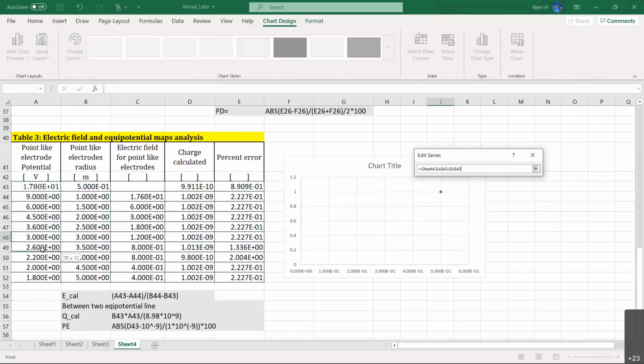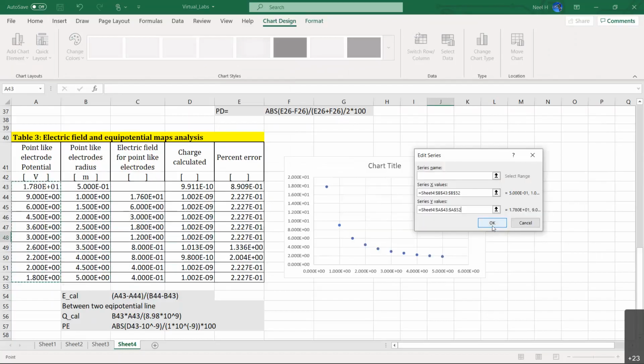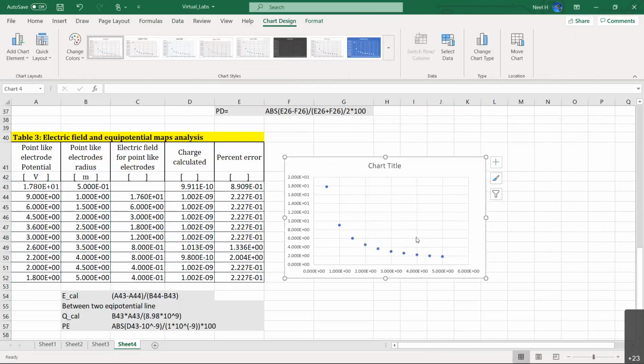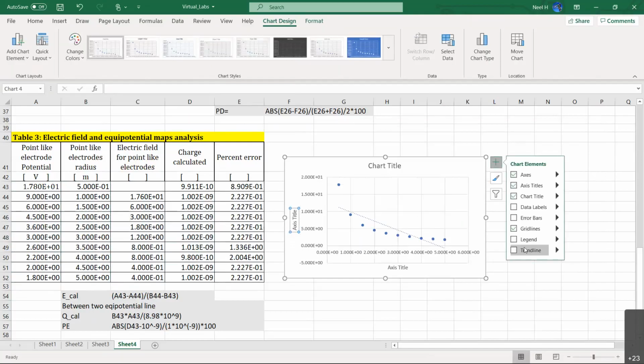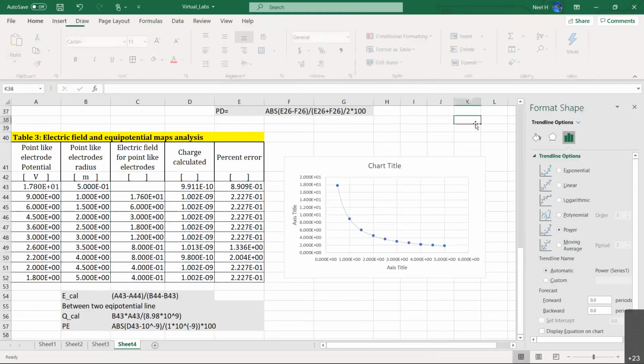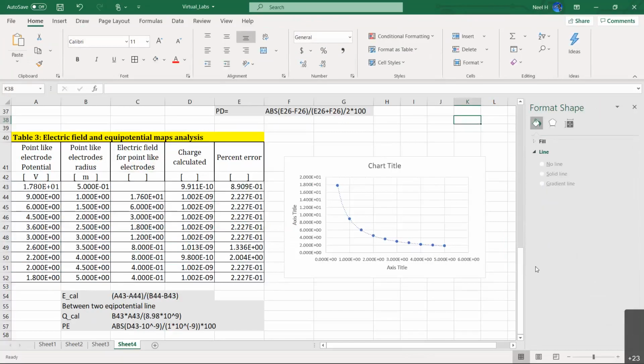Those are these. And if our theory is correct, then you can see an exponentially decaying shape, right? You can add axis titles and a trend line. The trend line you can reformat to get the power law behavior. Then you will get a nice trend line which looks exponentially decaying.